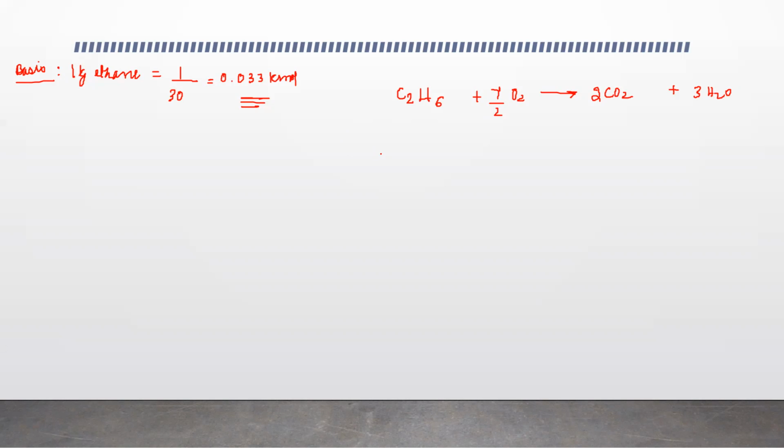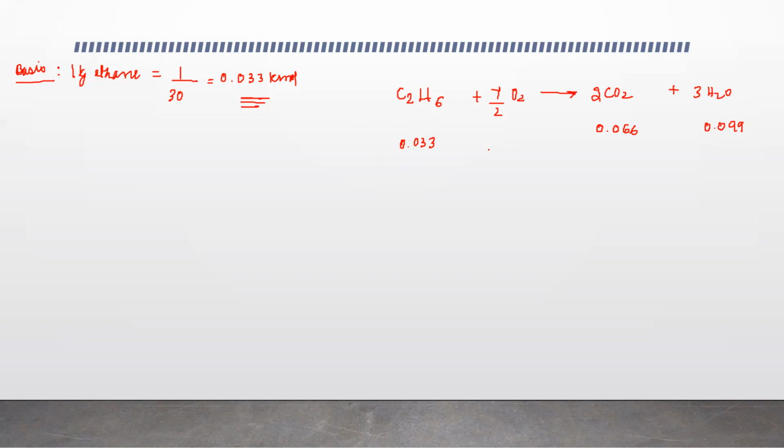Now ethane is 0.033 kilomole. On that basis, carbon dioxide produced is 0.066 and water produced is 0.099, this into 2 and this into 3.